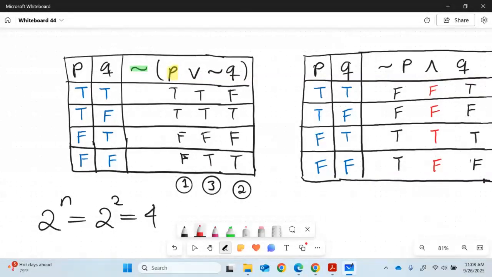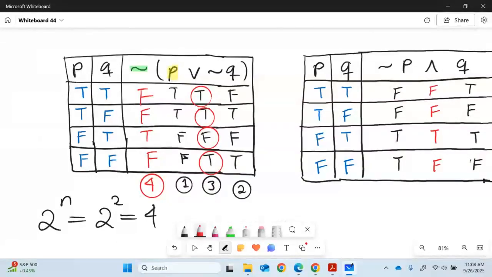Column 3 has a true, so the negation would be false. Then I have another true, so the negation would be false. Now I have a false, so the negation would be true. And similarly, I have a true, so the negation would be false. And this is my last step, which is 4.